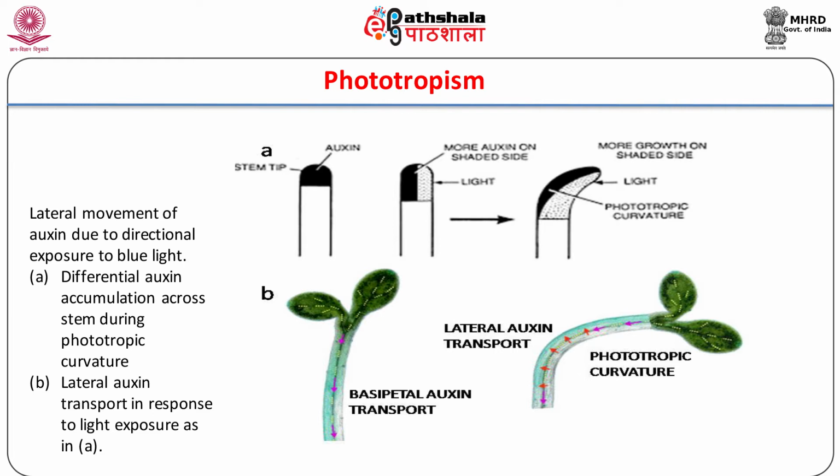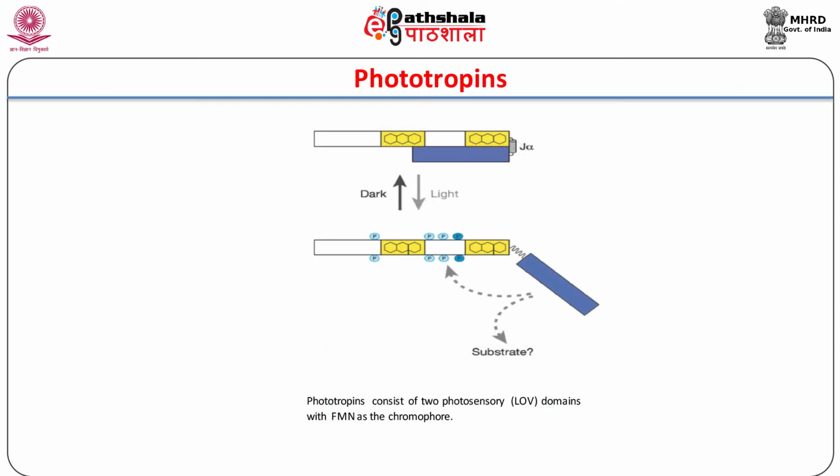PIN proteins, which are components of the auxin efflux carrier, play an important role in this lateral auxin transport. Hence, directional light has to be perceived by the stem and the signal transduced to bring about lateral auxin transport. Phototropins are blue light photoreceptors and are coded by two genes, PHOT1 and PHOT2.